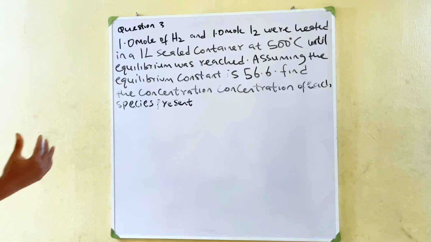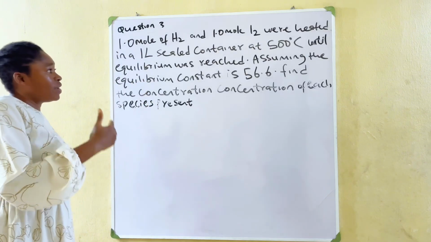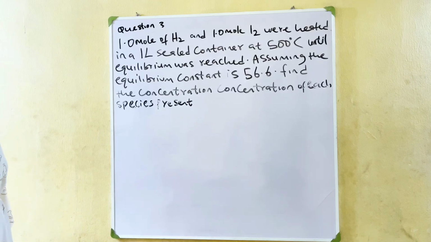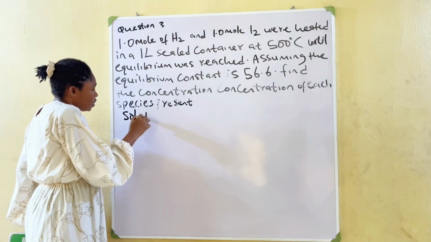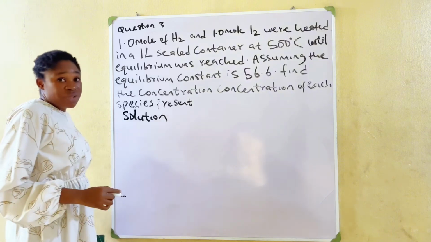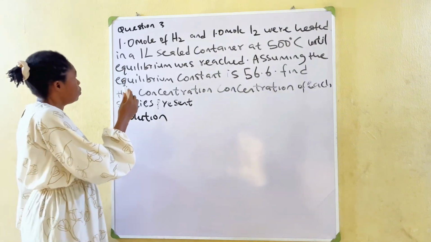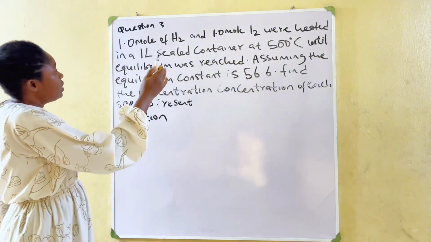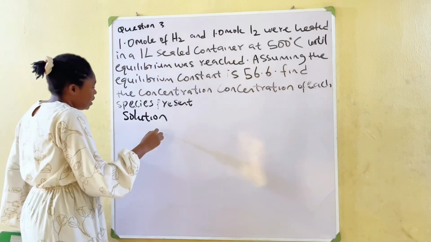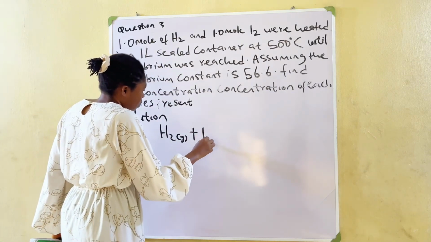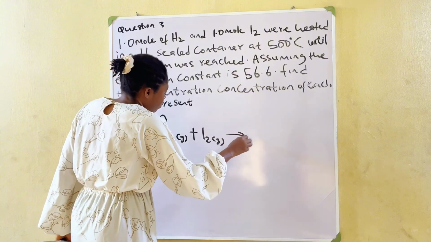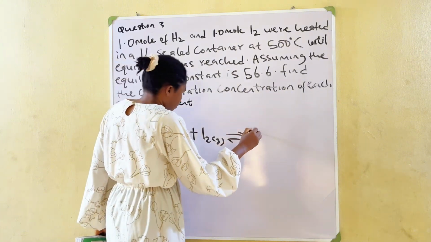We have to find the concentration of hydrogen, iodine, and hydrogen iodide. So we're going to write the equation for the reaction. It's not every time the equation for the reaction will be given, so know how to write it. So 1.0 hydrogen gas and iodine were heated. This is the reactant, hydrogen gas. Then the equilibrium sign.